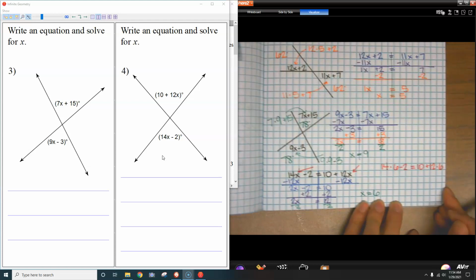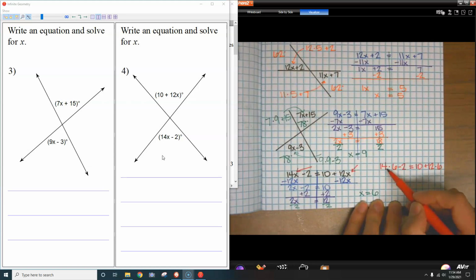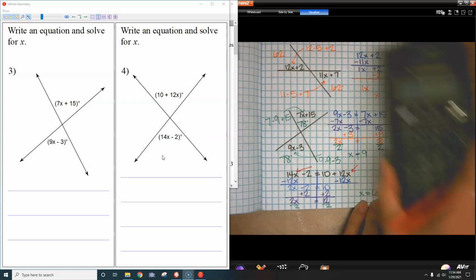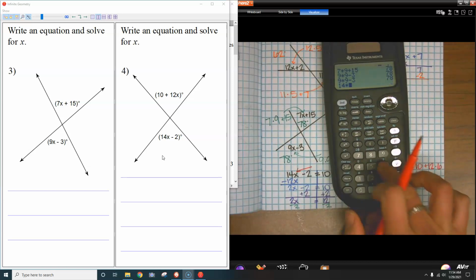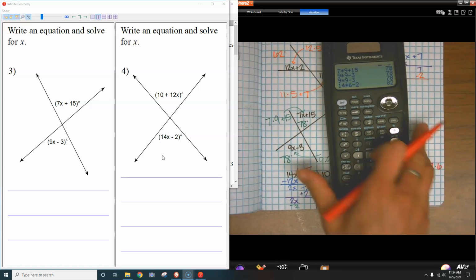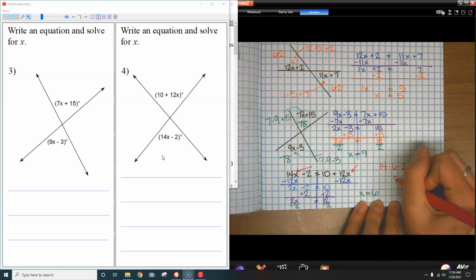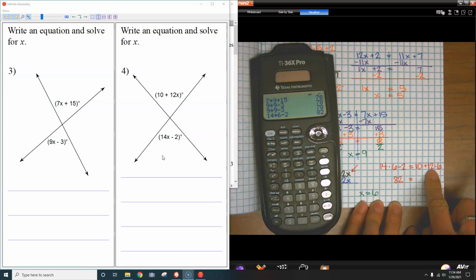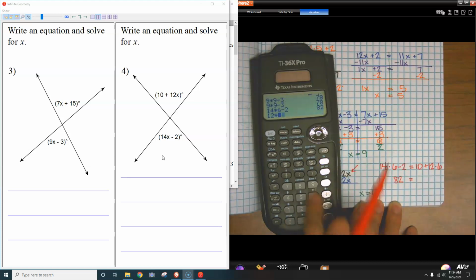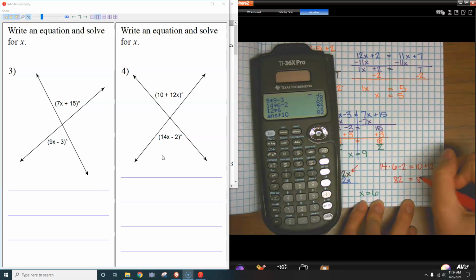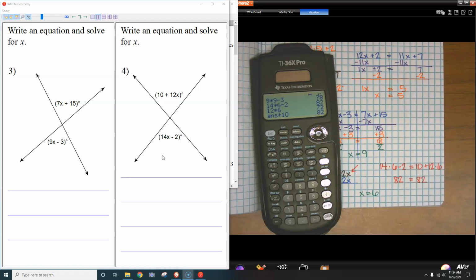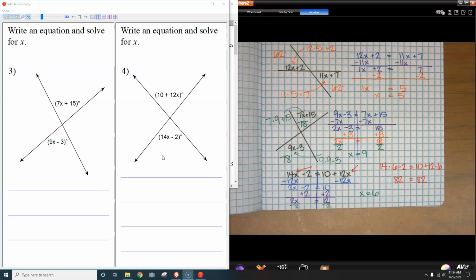Order of operations, we do multiplication first. 14 times 6 minus 2 gives me 82 for the left-hand side, equals, multiplication comes first, 12 times 6 plus 10, 82. So the measure of the missing angle would be 82 degrees and x equals 6. And because my values equaled each other, I did it correctly.